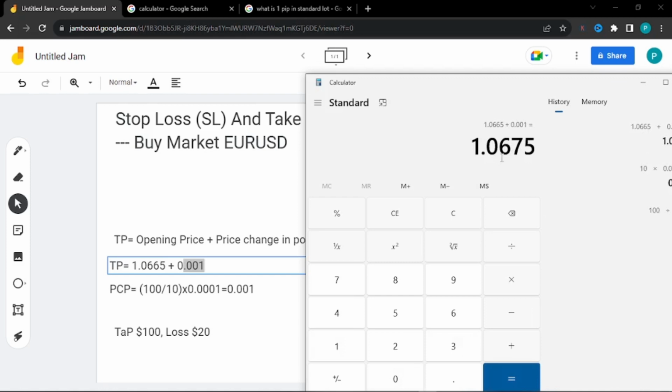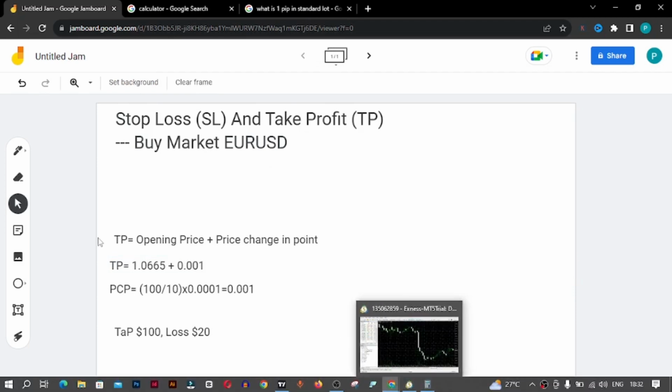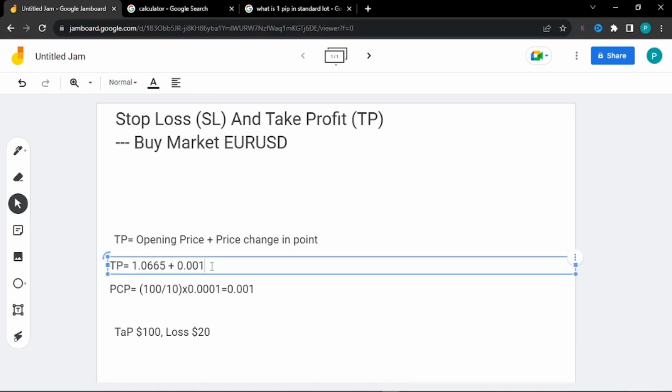So this equals 1.0675. So if you want to make $100 from this trade with a current market price of 1.0665, your take profit needs to be at 1.0675. This way you need to put your take profit if you want to make $100 profit from the market.